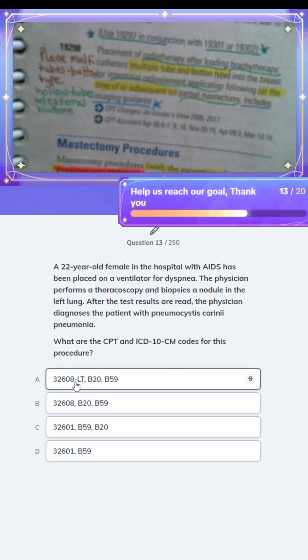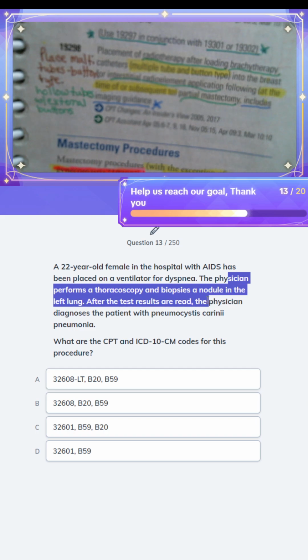One code has the LT modifier on it. What are we dealing with? We're doing biopsies on a lung. Would a biopsy on a lung require an LT or an RT? That might tell you exactly what the answer is without you having to look up anything in the CPT book at all.